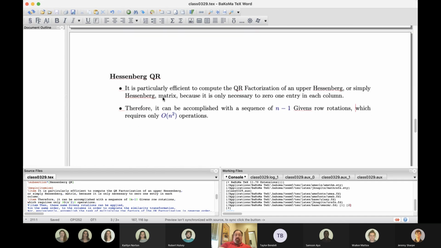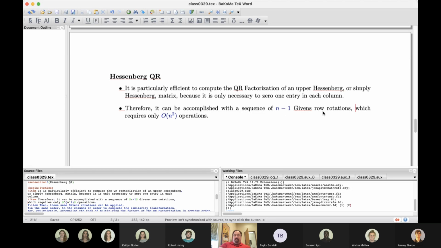All right. Now, the nice thing about a QR factorization of a Hessenberg matrix is that the only non-zero entries below the diagonal are in the first subdiagonal. That means that you only have to zero out one entry per column. So it's a lot less work to compute the QR factorization of a Hessenberg matrix than a general matrix. There are only n-1 entries to zero out, so you just need n-1 Givens rotations.